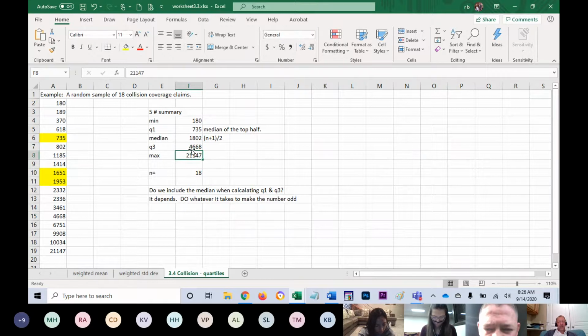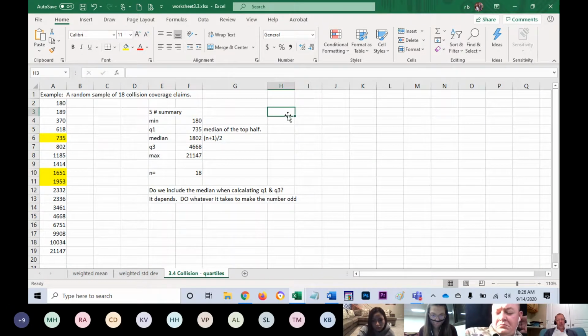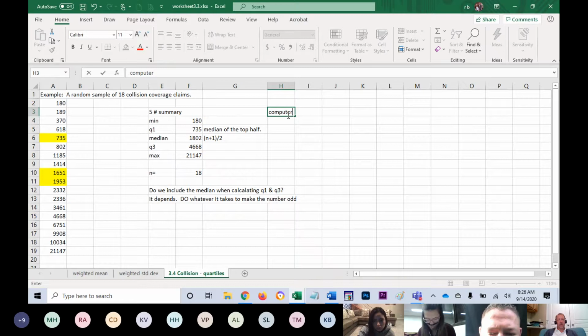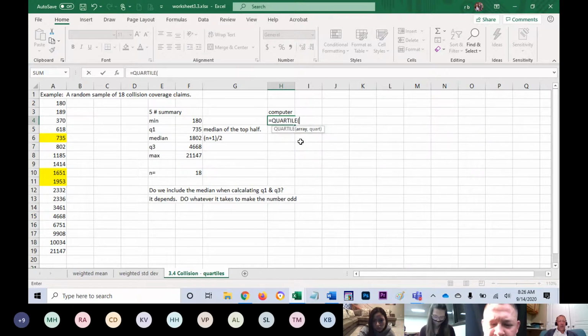Now, there are other methods to do this. You don't need to know this, but I'm going to use the computer method. The computer has a method called Quartile. There are three options here: exclude the median, include the median, or just plain old Quartile. I always tell people to use Quartile.